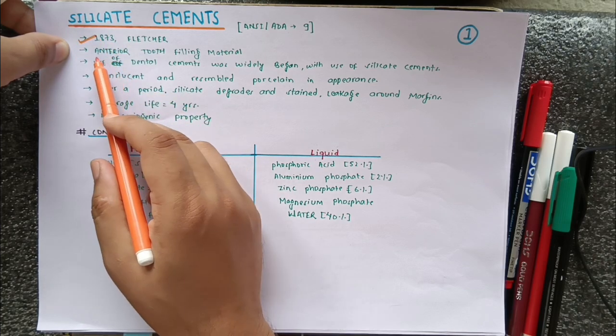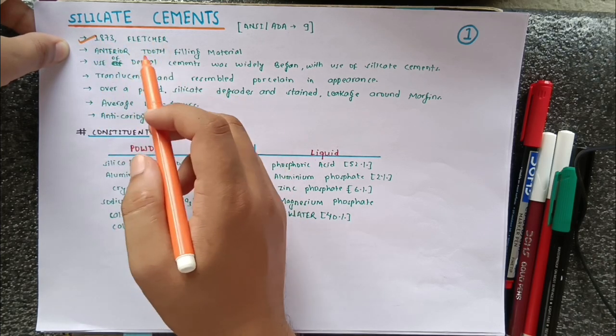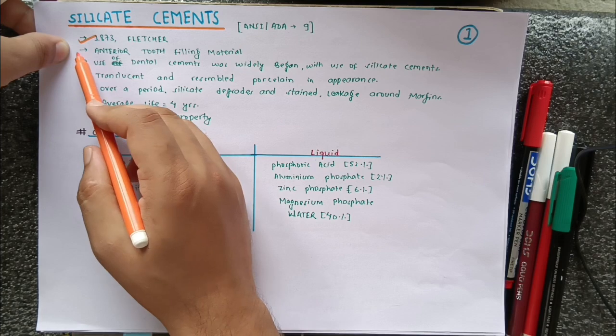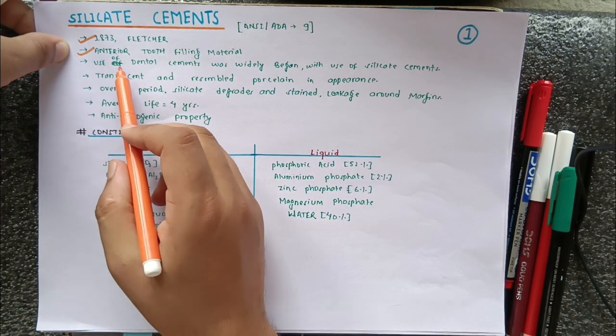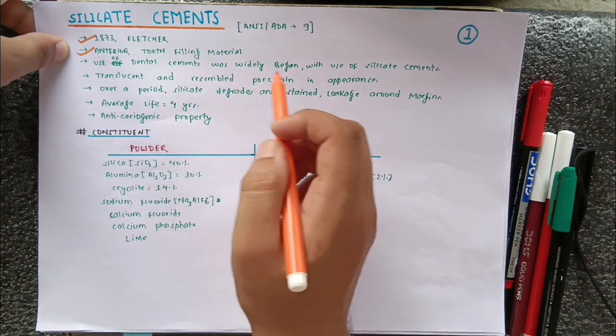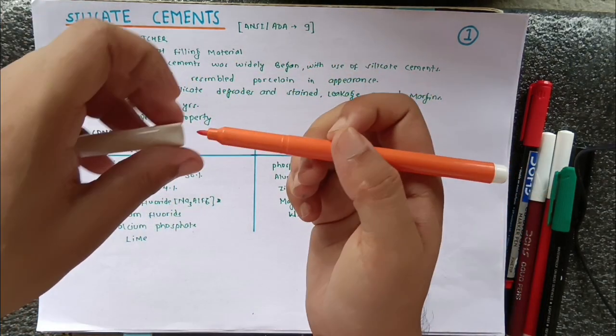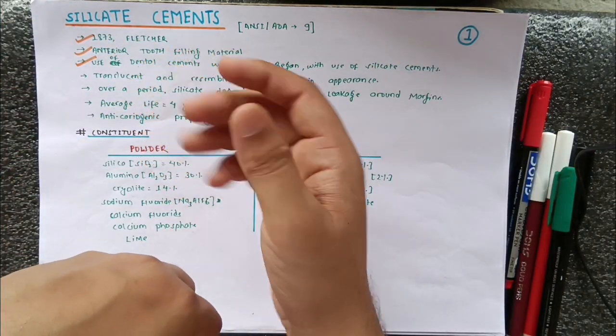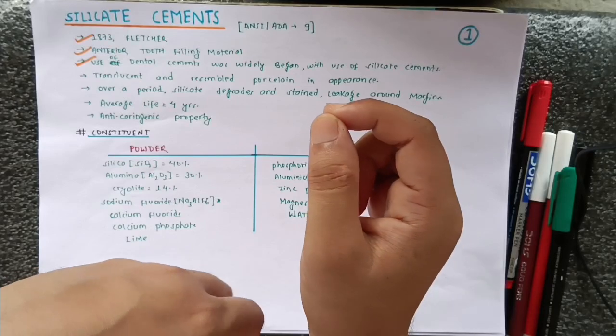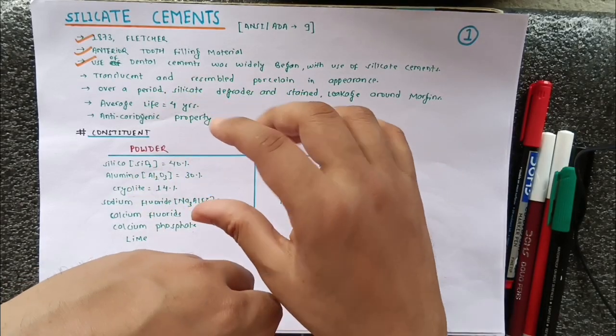It is primarily used as an anterior tooth filling material. The widespread use of dental cement began with silicate cement, which was the first cement discovered in history, by Fletcher.